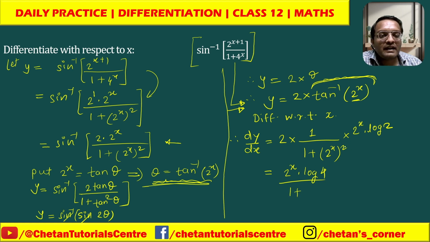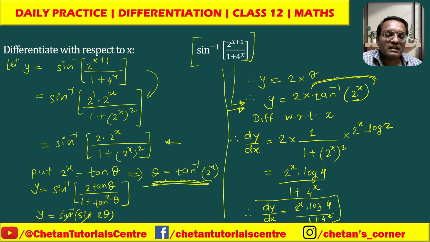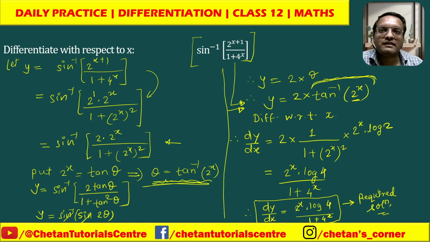Now (2 raised to x) whole square is 4 raised to x. Therefore, dy by dx is equal to 2 raised to x into log 4 divided by 1 plus 4 raised to x. This is the required answer. So in this way, we obtain the derivative of the given function.